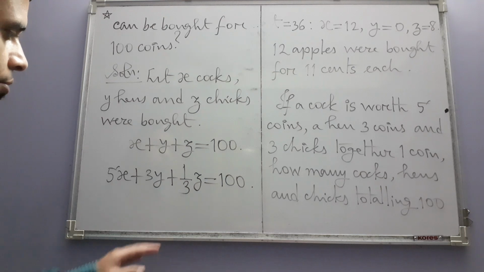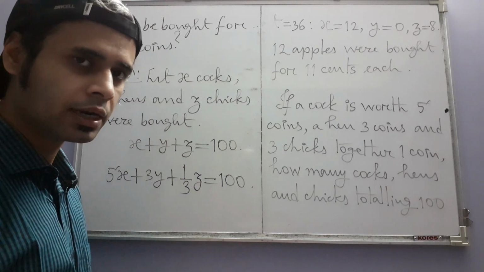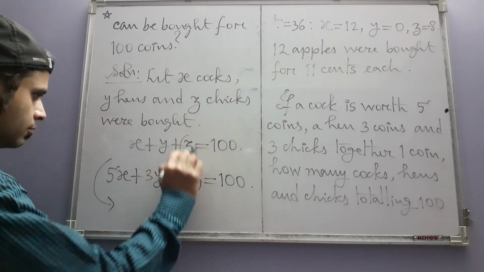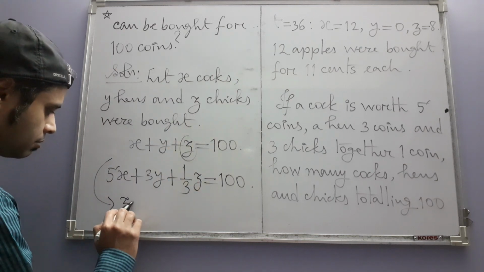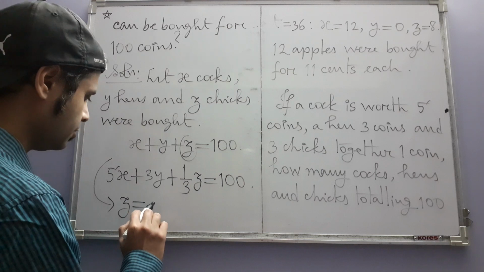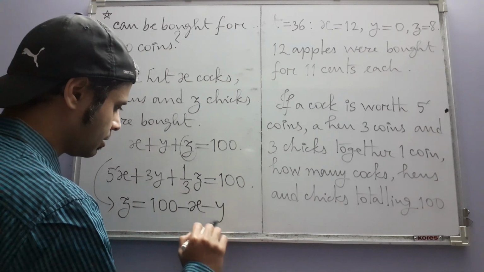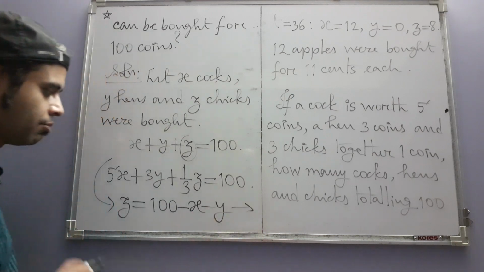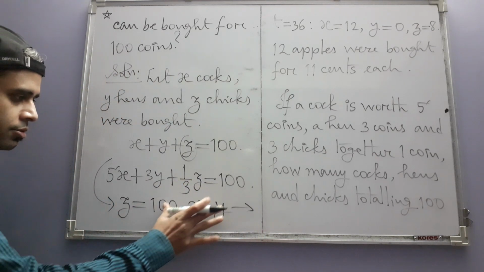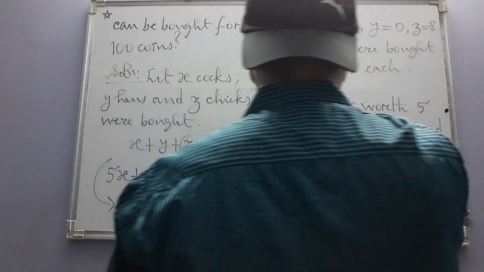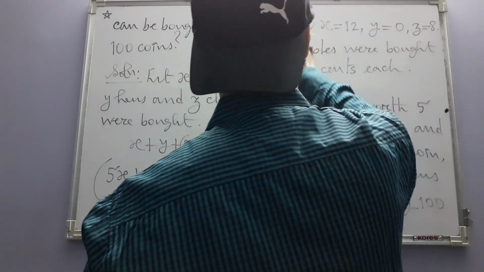And here also one of the variables can be eliminated, and the author has eliminated this one by using this substitution, z equals 100 minus x minus y. Now when one substitutes this expression here, we get an equation.